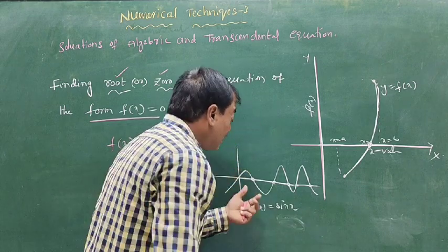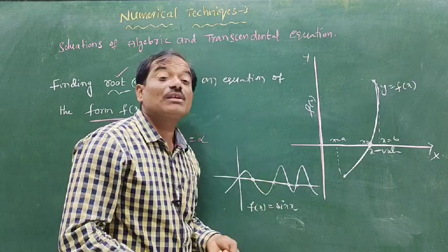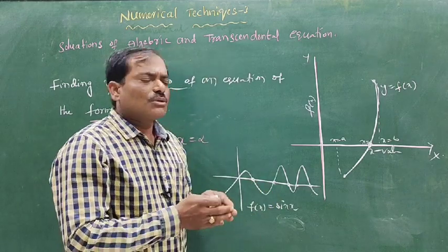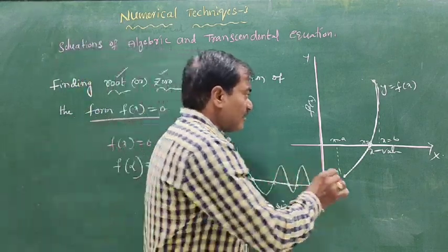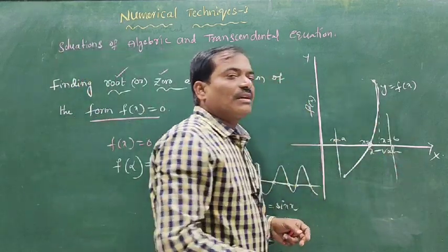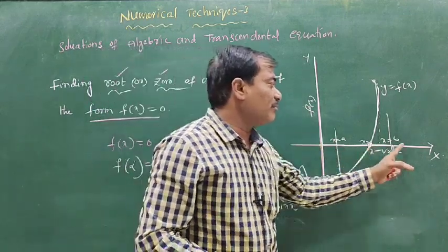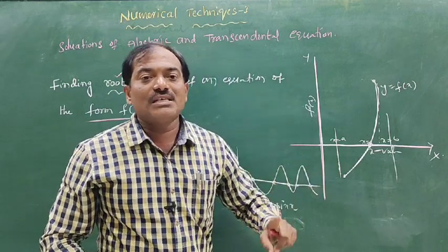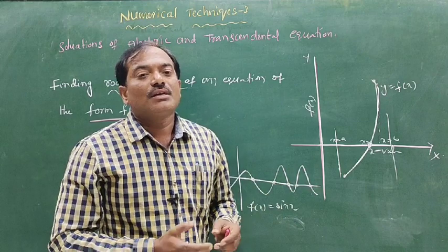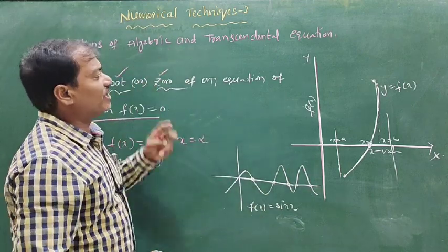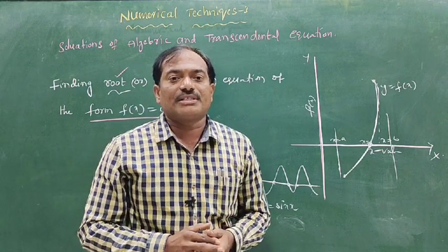So at these points the function has zeros, meaning the function has a finite number of zeros. If we take any interval, for example x equal to a to b, and the given equation has a root in between a and b, definitely the graph intersects the x-axis at some point. So this is actually the solution of this algebraic equation, meaning there exists a root or zero of the given equation.